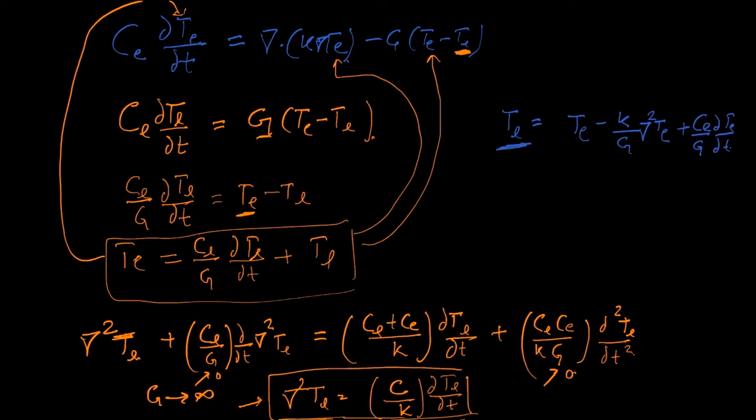Now we could substitute this T_l back into our equation, here and here. Then we would get an equation in terms of electron temperature. Instead of an equation in terms of lattice temperature, we would get the same equation in terms of electron temperature.